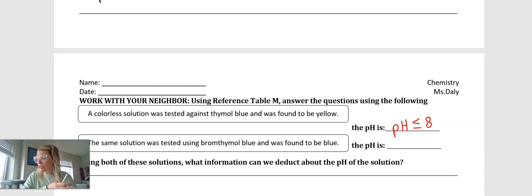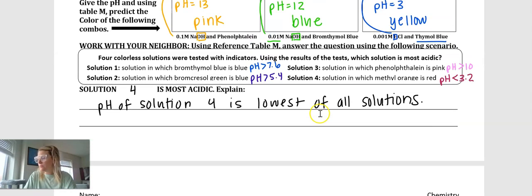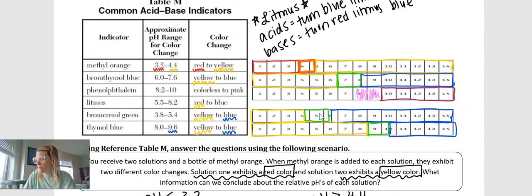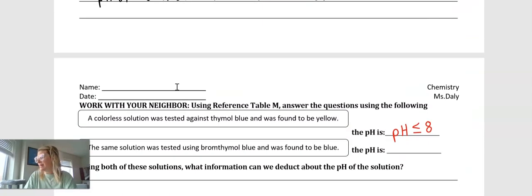The same solution was tested this time using Bromthymol Blue, and it was found to be blue, okay? So Bromthymol Blue being blue means that the pH is greater than or equal to 7.6.